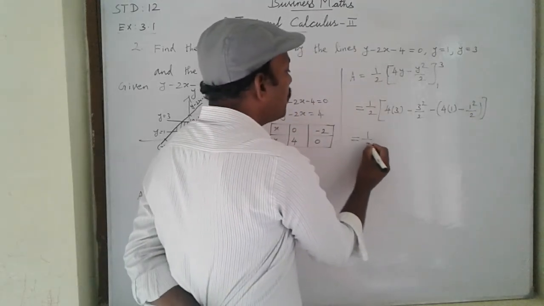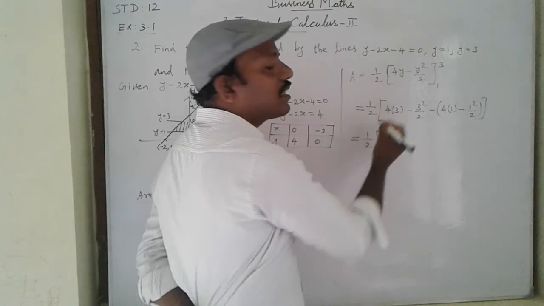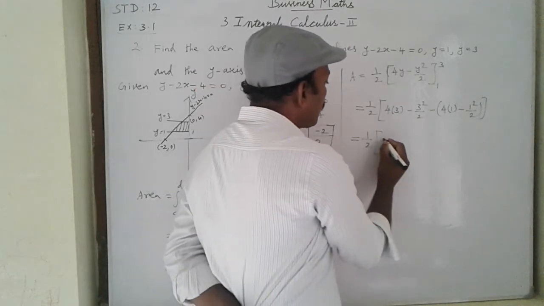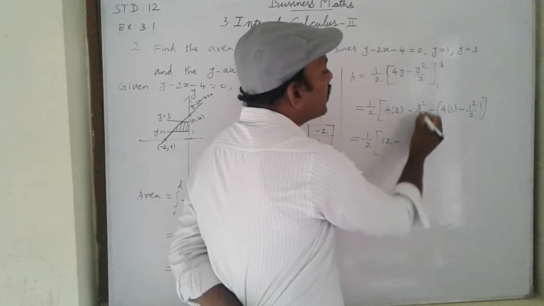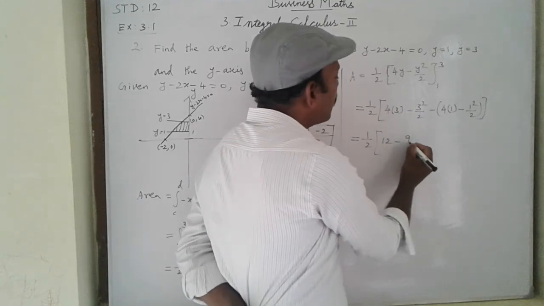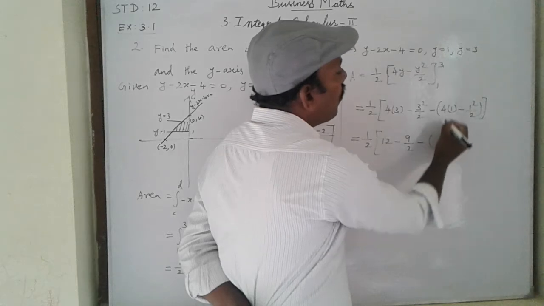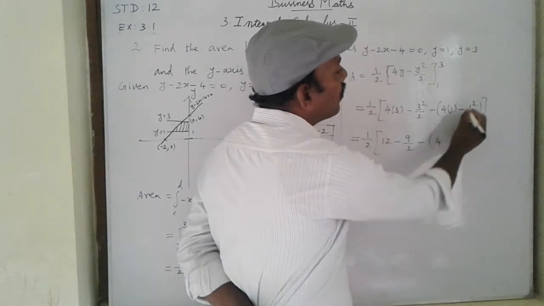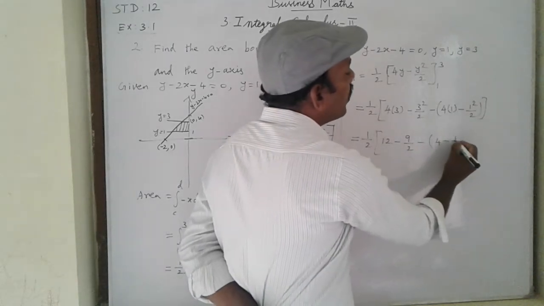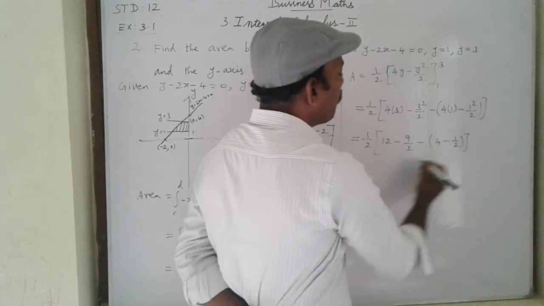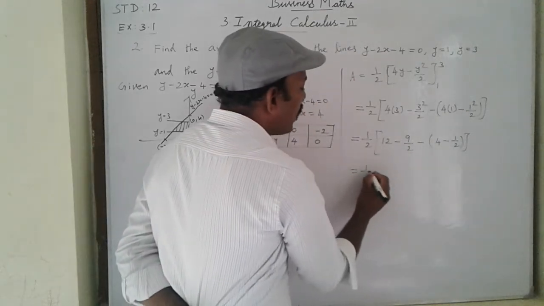Equal to 1 by 2 into 4 3s are 12, 12 minus 9 divided by 2, minus 4 into 1 is 4, minus 1 divided by 2.